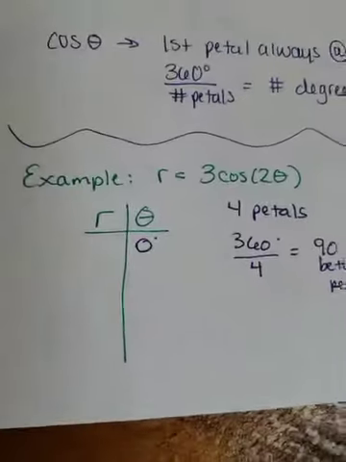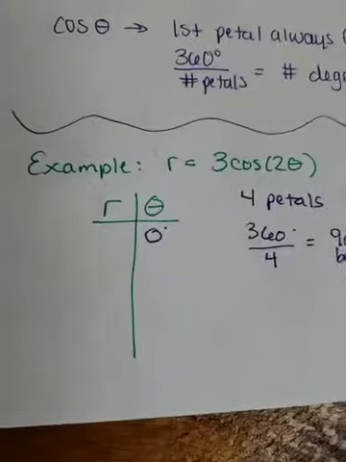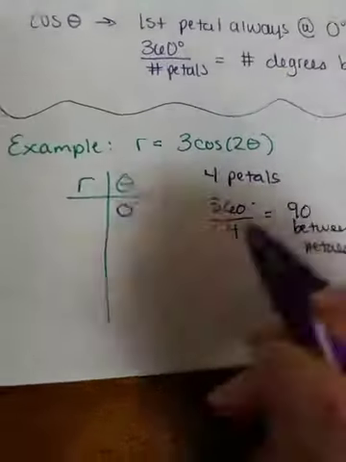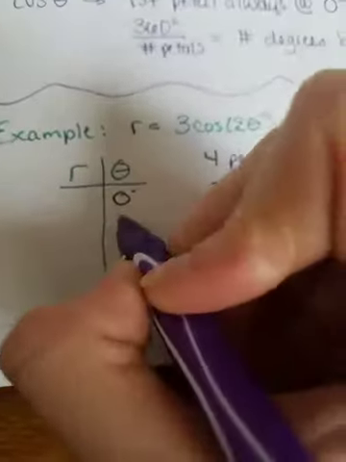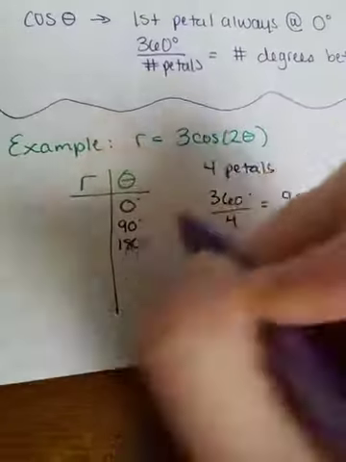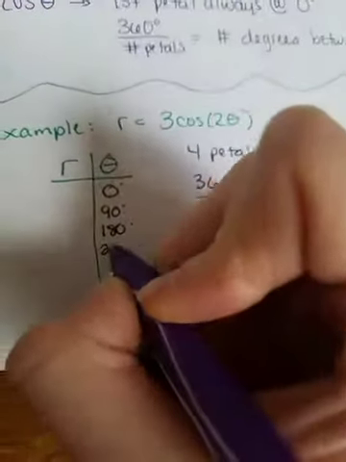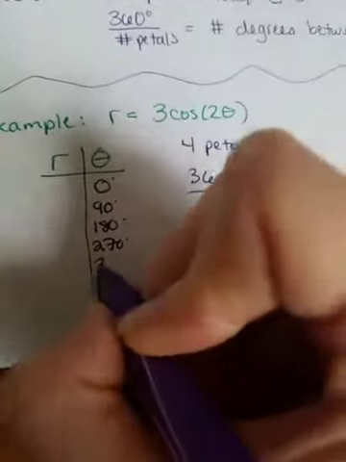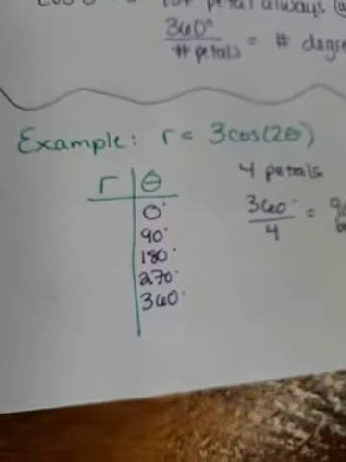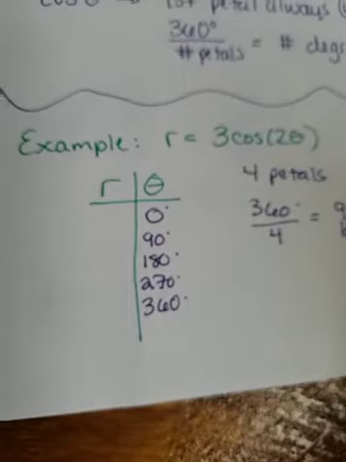I'll do degrees, whatever, to be different. And then I know that I have 90 degrees between petals, so I'm going to add 90. So 90 degrees, add another 90, 180, add another 90, 270, add another 90, 360, and I'm done with my full rotation. So now I'm just putting these into the equation.